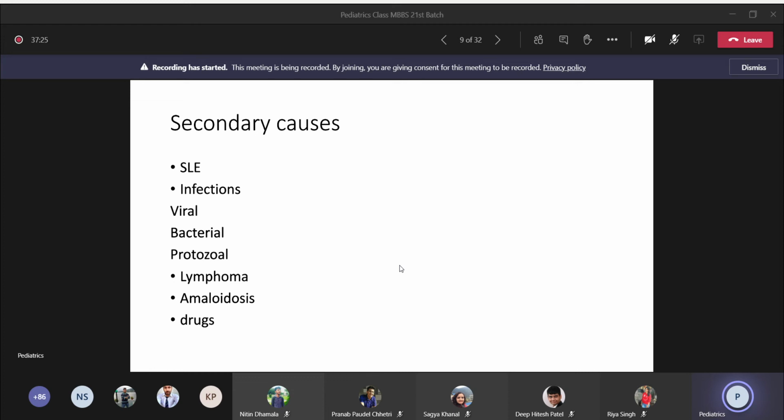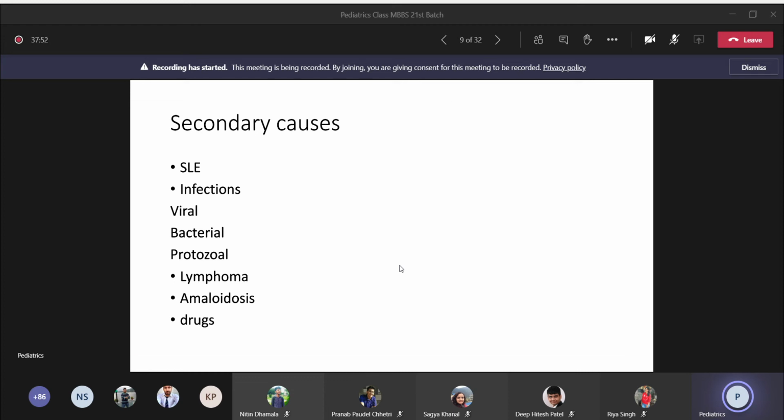There are 4 types of malaria. And then others are drugs, and other causes are some malignancy like lymphoma, and others are amyloidosis. These are the causes of nephrotic syndrome.